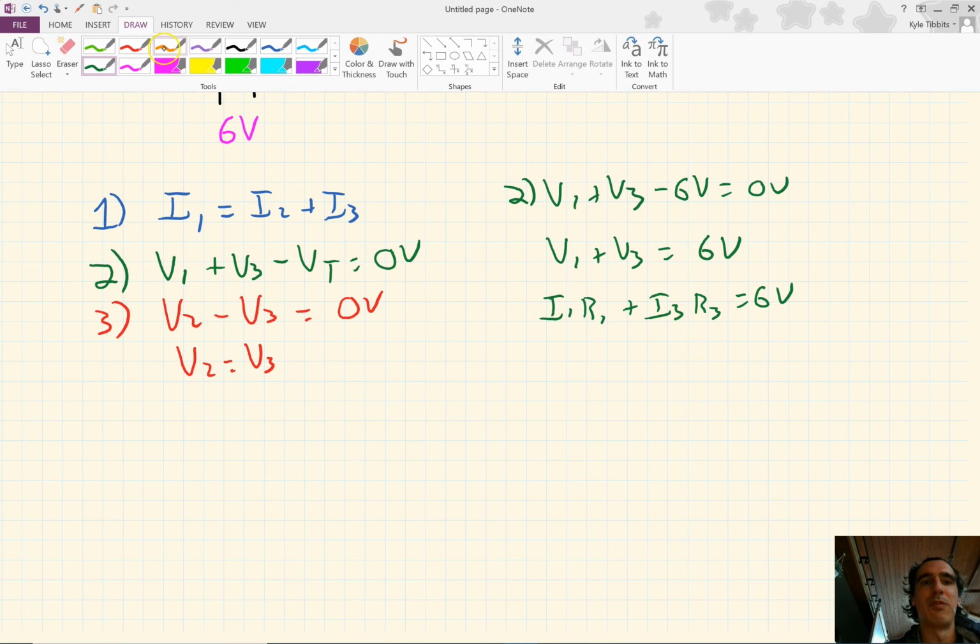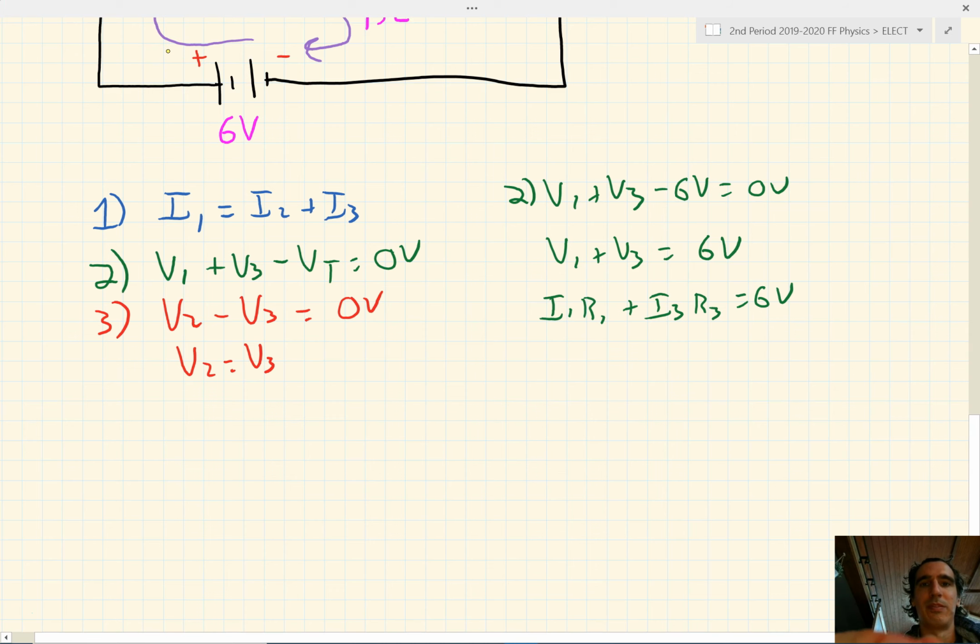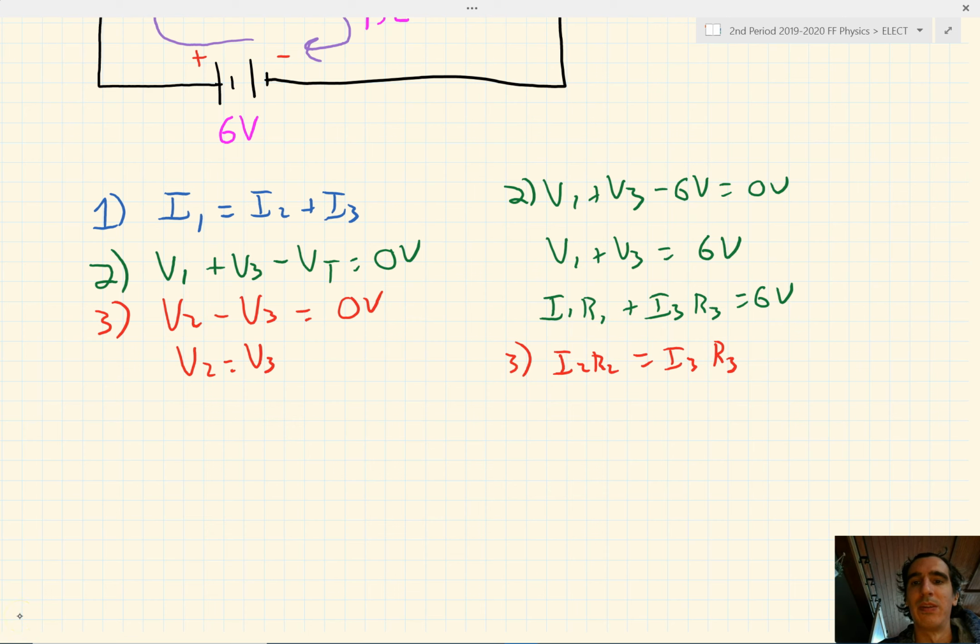We could do the same for our third equation. So we can also say that V2 turns into I2 R2, and that equals I3 R3. Notice that our green equation has an I3 in it, and our bottom equation also has an I3 in it. So what we want to do is use some algebra.